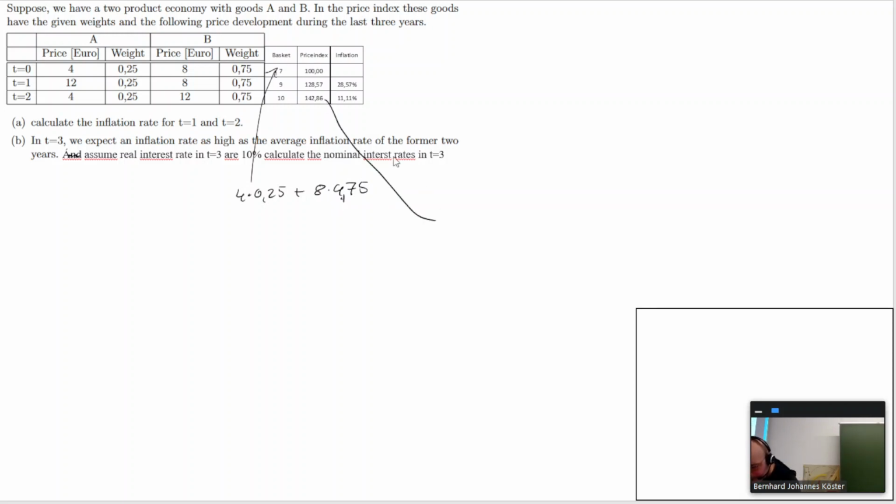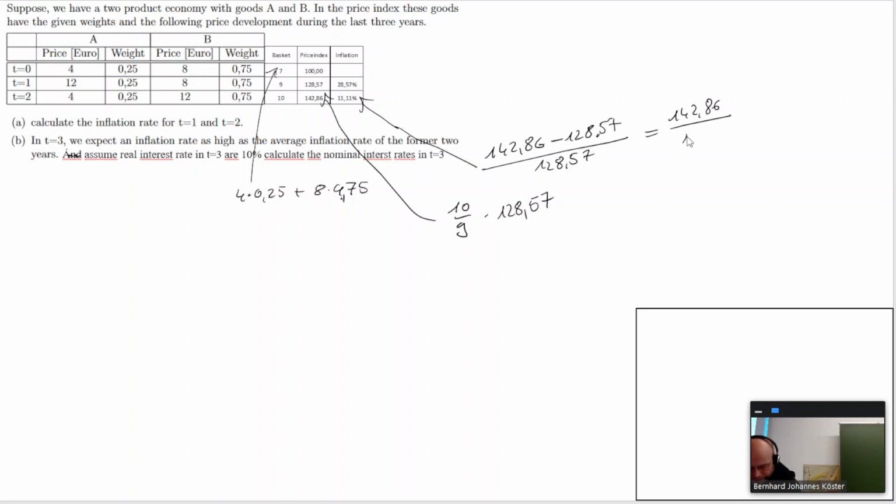Let's say that this 142 is 10 over 9 times 128.57, and no, this one for example is 142.86 minus 128.57 over 128.57, or this is equal to 128.57 minus 1.